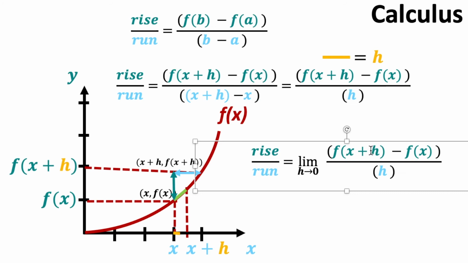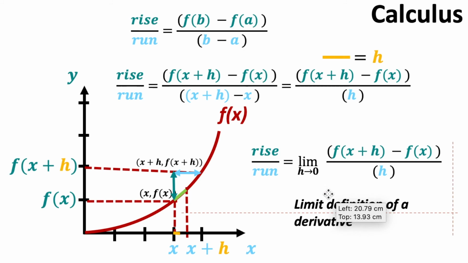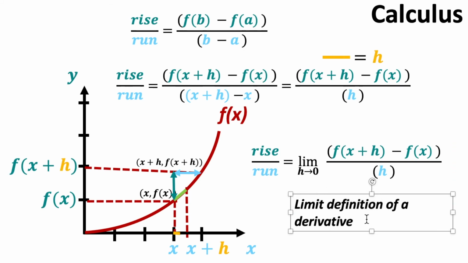We want to use this equation, but when our h value is getting so small that we don't want it to exist anymore. And this is actually basically it. We're already done. This equation right here is the real equation of a derivative. They also call it the limit definition of a derivative.